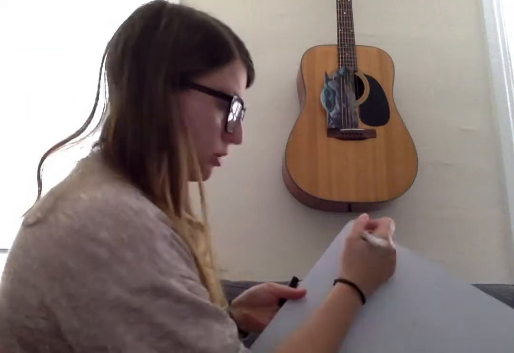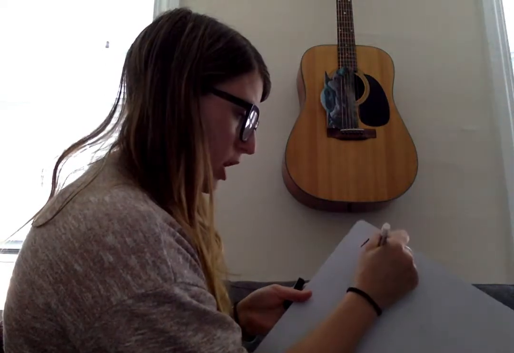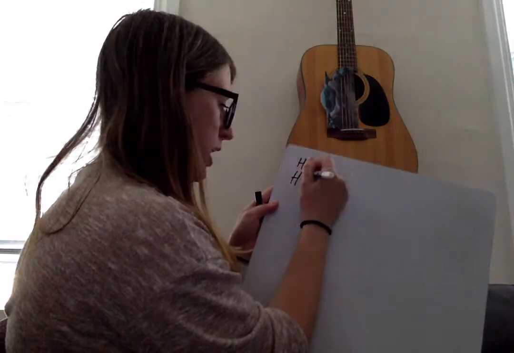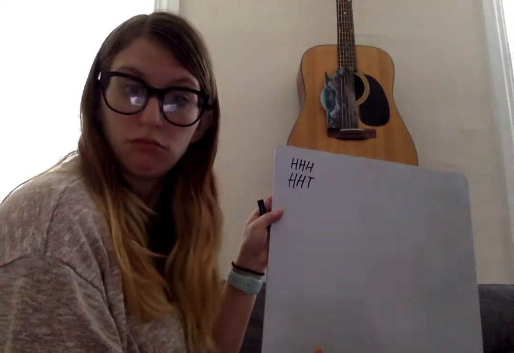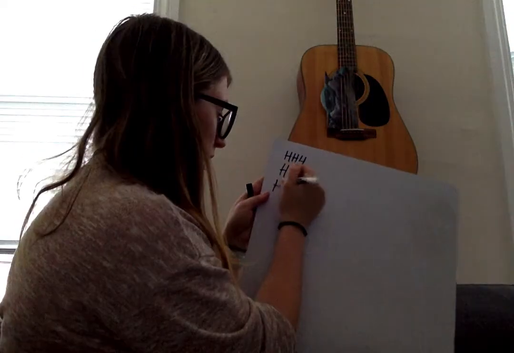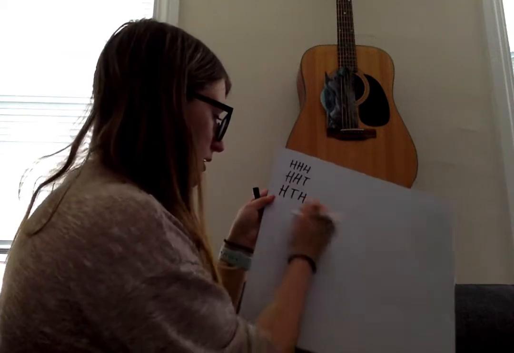So let's flip a coin 3 times. These are all the different ways you can flip a coin 3 times. I'm not going to write out heads, heads, heads. I'm just going to do H, H, H. Then I will do heads, heads, tails. Heads, tails, heads.